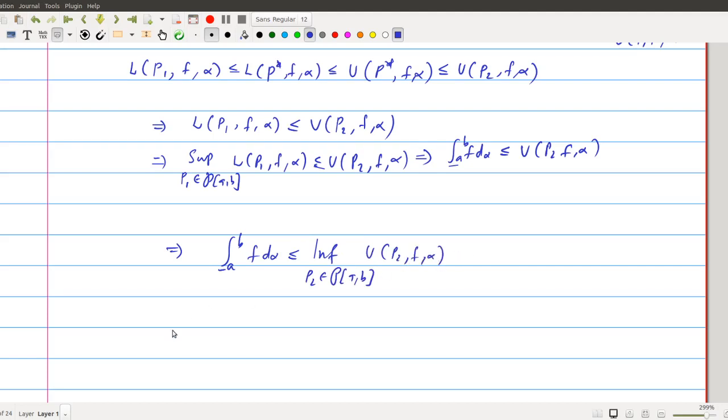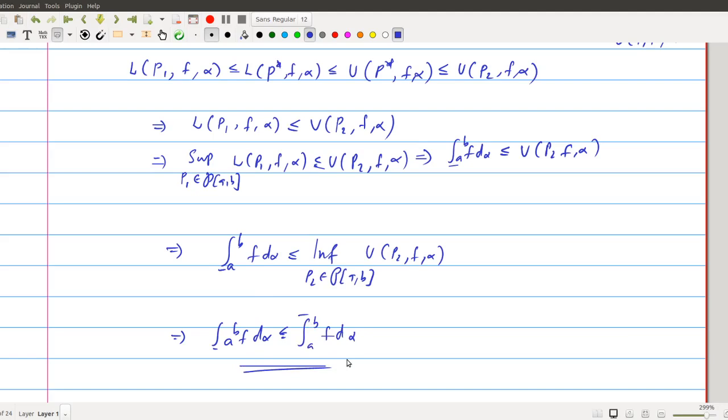So this implies the lower integral from a to b of f d alpha is less than or equal to the upper integral from a to b of f d alpha. So this proves theorem 6.5.